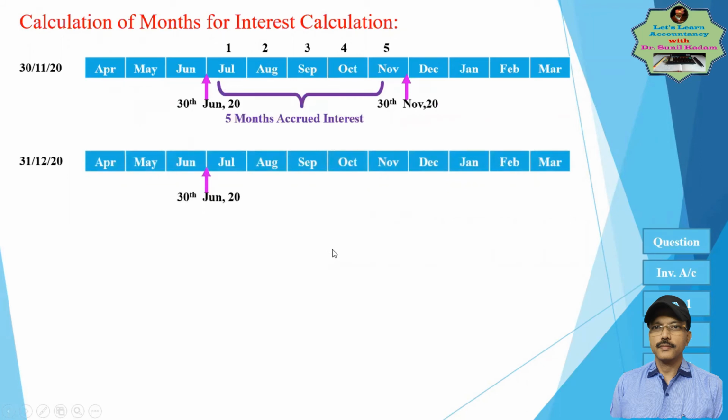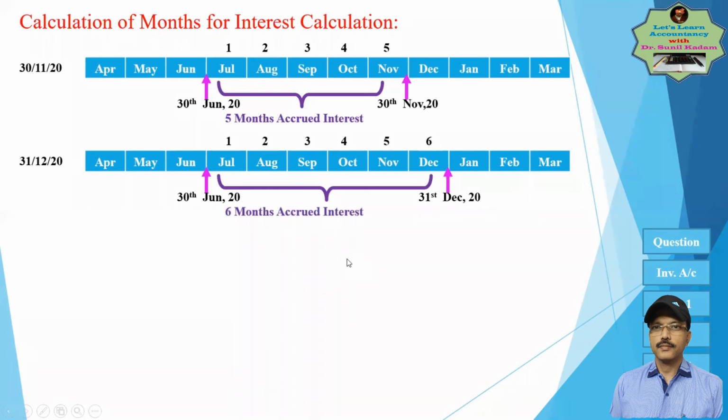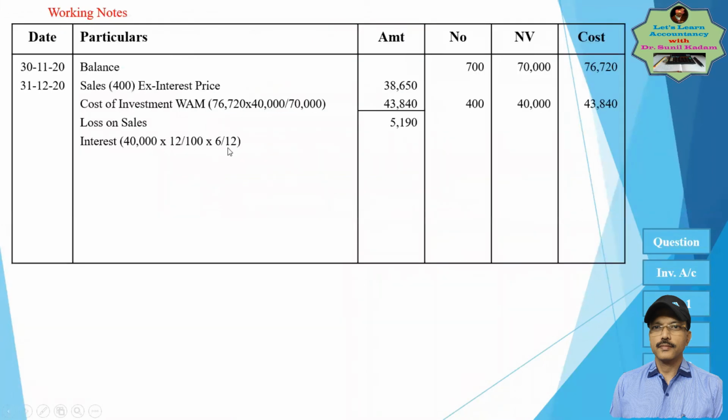From 30th June to 31st December, the duration is July 1st, August 2nd, September 3rd, October 4th, November 5th, December 6th. So 6 months of accrued interest has to be calculated, which is why 6 months is taken. 40,000, 12%, 6 months comes to 2,400.